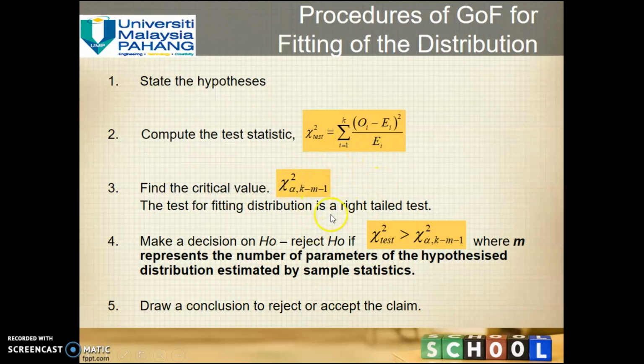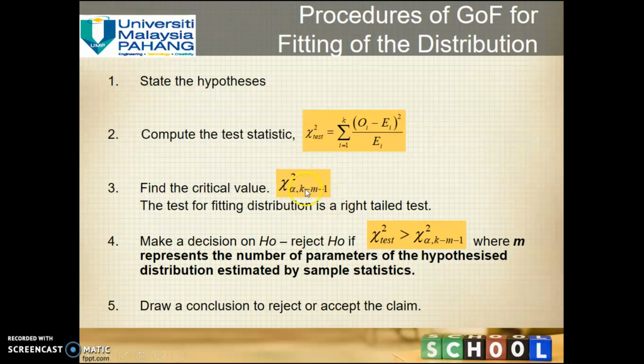It is still a right tail test. For the whole chapter 6, it is about right tail tests. So your probability value will be alpha, not alpha divided by 2, because right tail is a one-tail test. So it is just alpha, and the degree of freedom is K minus M minus 1.